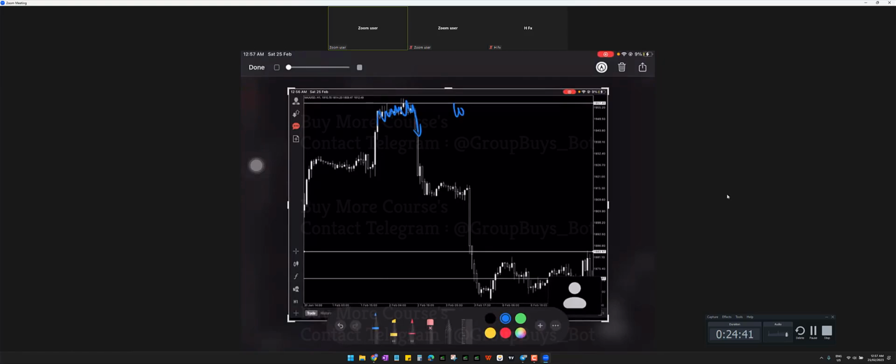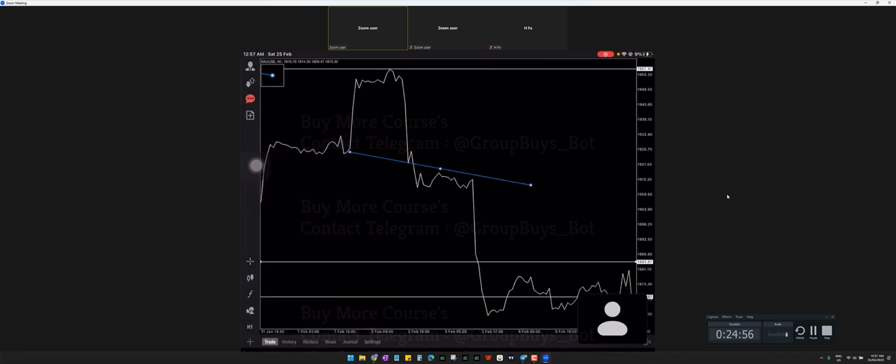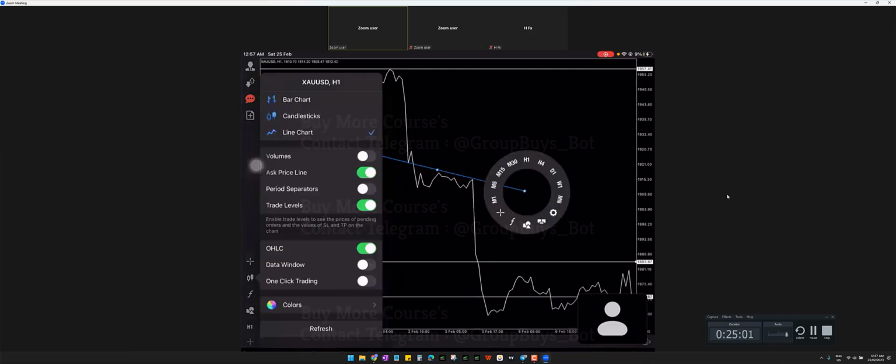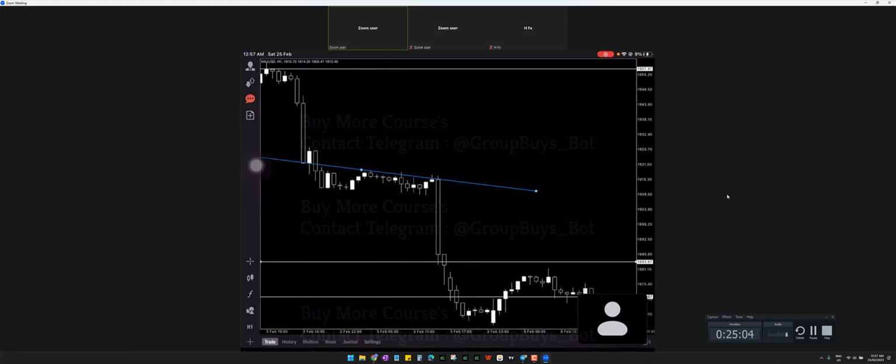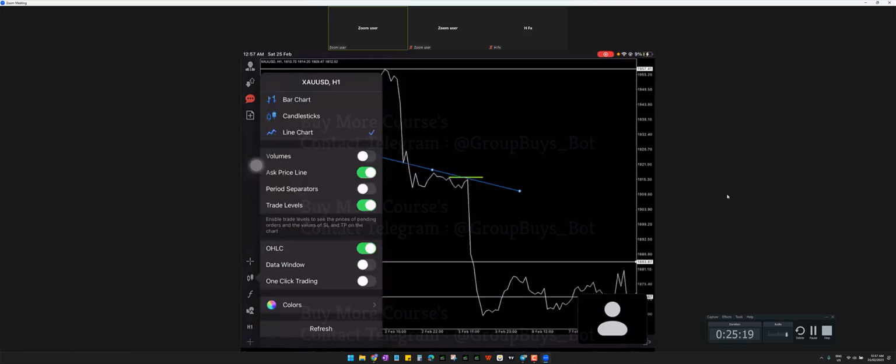Same also. This one also the same. See? Sideways, right? Breakout, sideways, and then again.